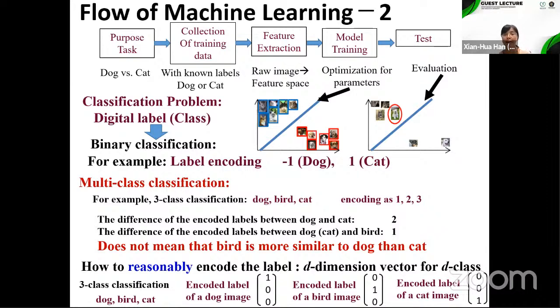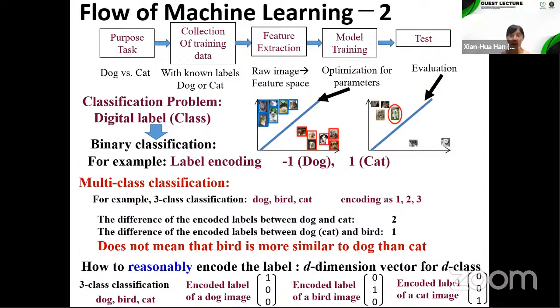classification problems. First, you have to encode the text label into a digital number. Then how can we encode this text label into a more reasonable digital number?